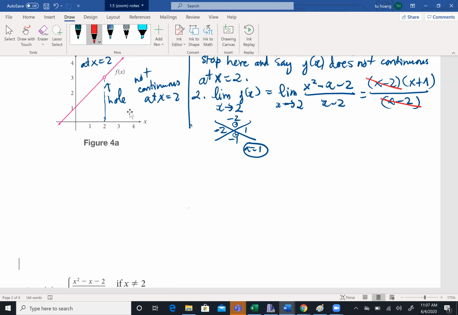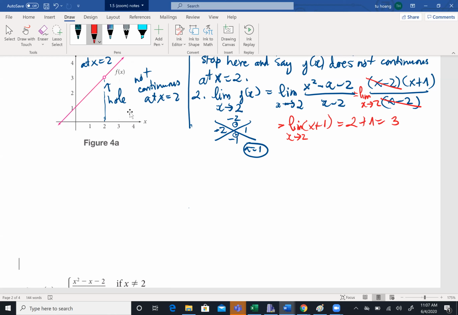I forgot a small thing that I need to add, which is the limit. All right, now the limit becomes the limit of x plus 1 as x approaches 2. Now you can directly substitute to get 2 plus 1 equal to 3.